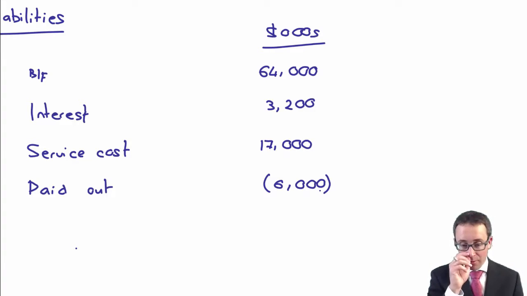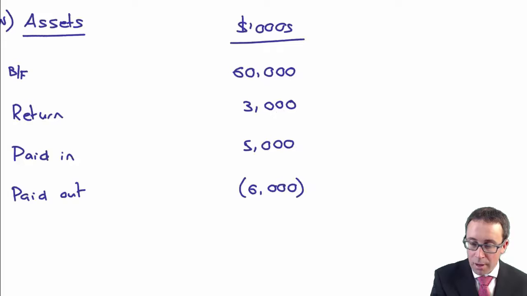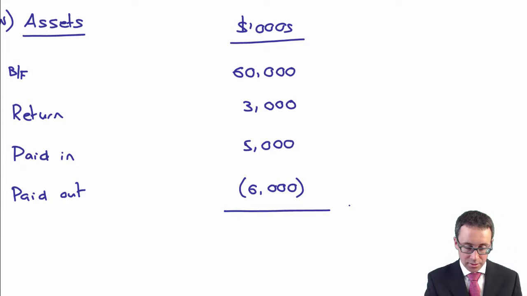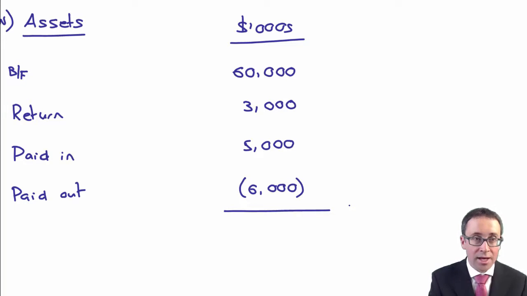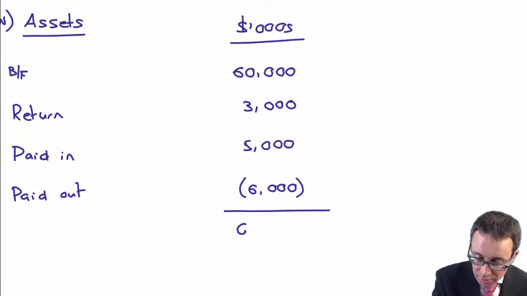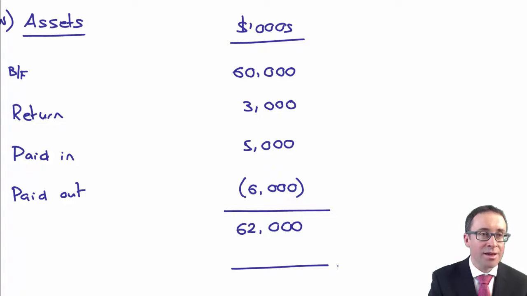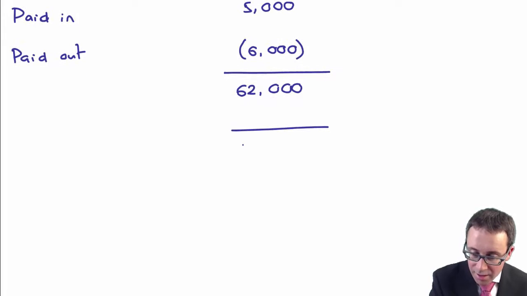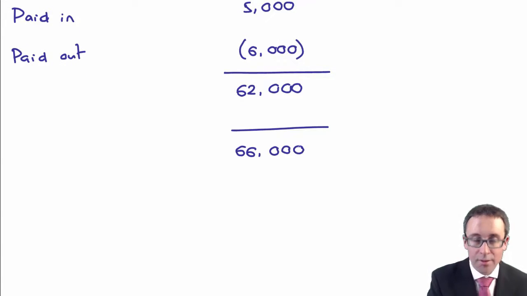What we need to do now is actually work out the remeasurement component, don't we? So let's total up the value of the assets. Does that give me, is it 62? If I compare that to the fair value of the asset at the end of the year, is that there as 66 million?